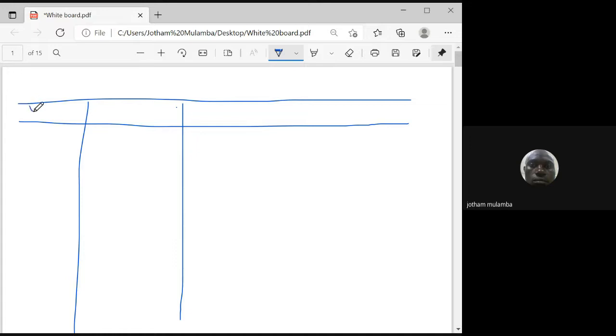We'll have here year or period, cash flow, then PVIF, and then NPV. Who is suggesting the PVIF that we want to use?